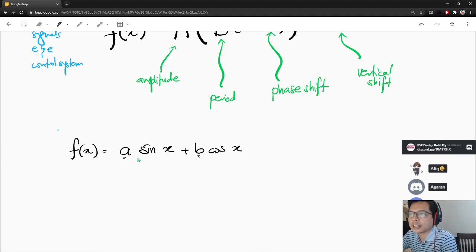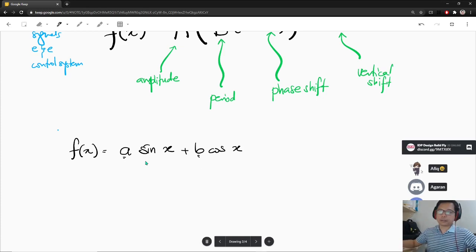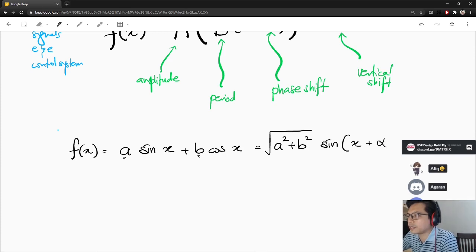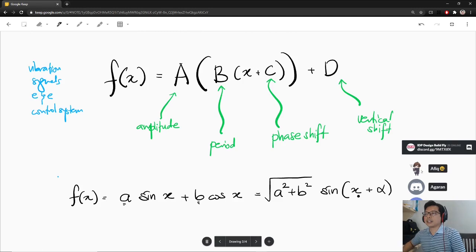Then f of x is the same as the square root of a squared plus b squared, times sine of x plus phase shift.